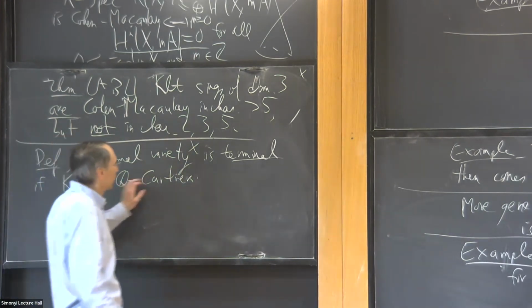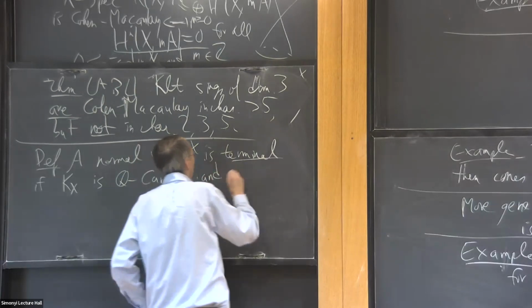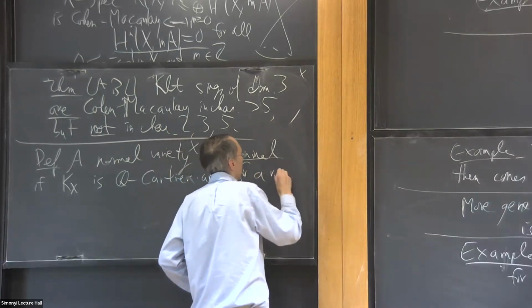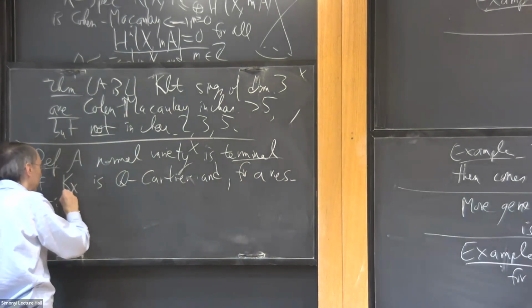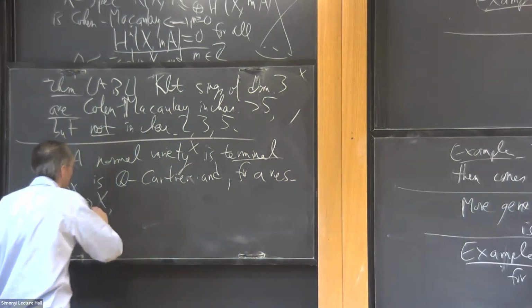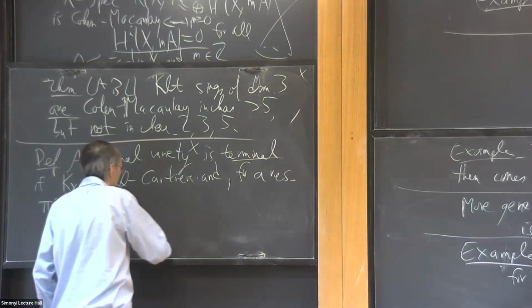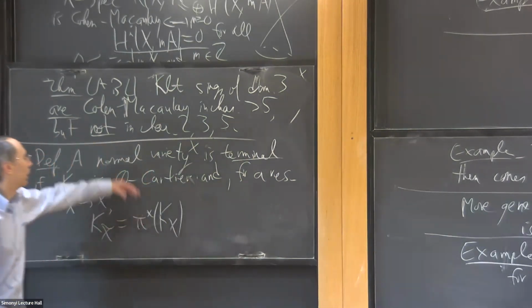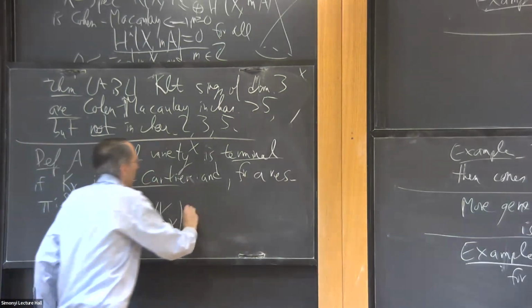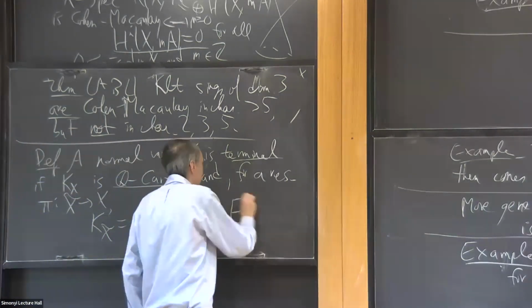If some positive multiple of that is Cartier, then for a resolution of singularities π from X tilde to X, the canonical bundle of X tilde is the pullback of the canonical divisor of X. This pullback makes sense because of this assumption, plus a positive sum like this.